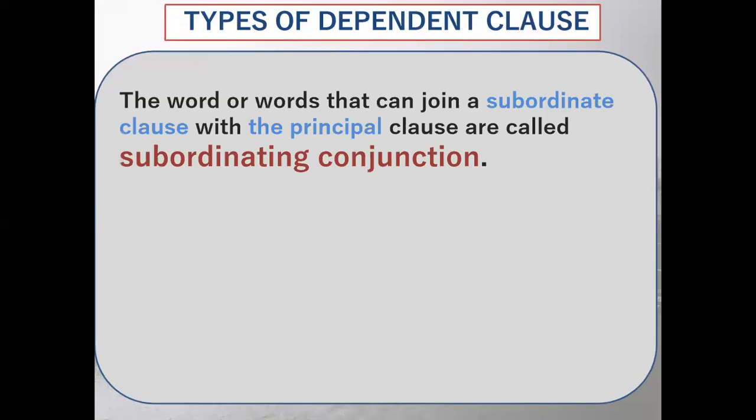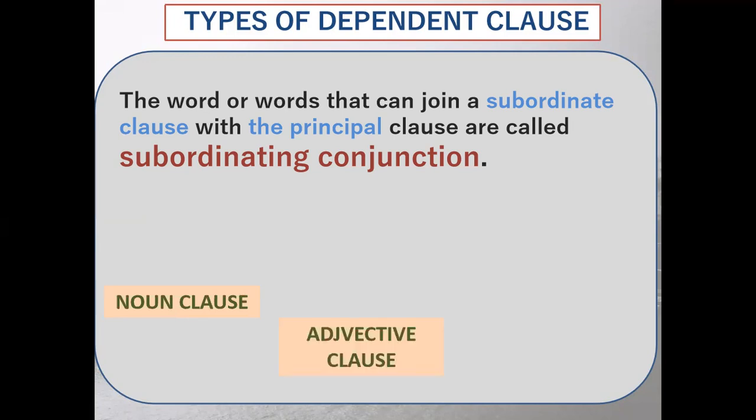But when we talk about types of dependent clause, the words that can join a subordinate clause with the principal clause are called subordinating conjunctions. Always remember, dependent clauses always start with subordinating conjunctions, and sometimes that part is also called a subordinating clause.